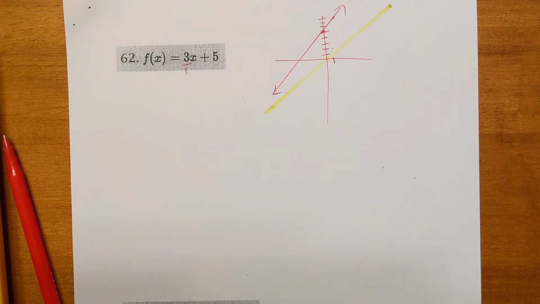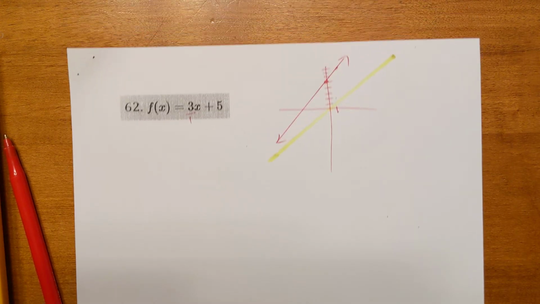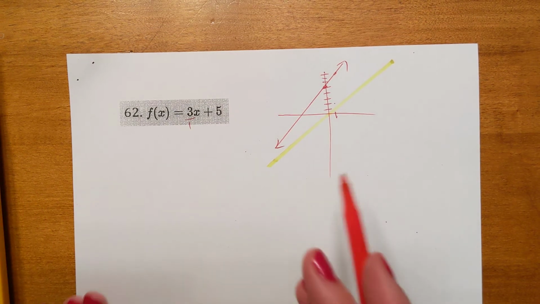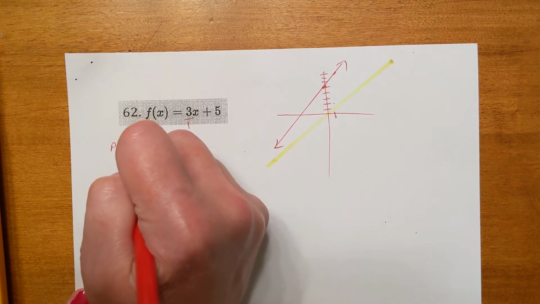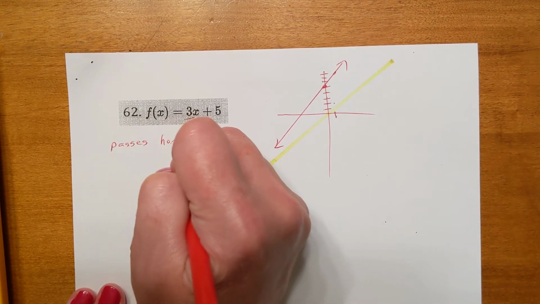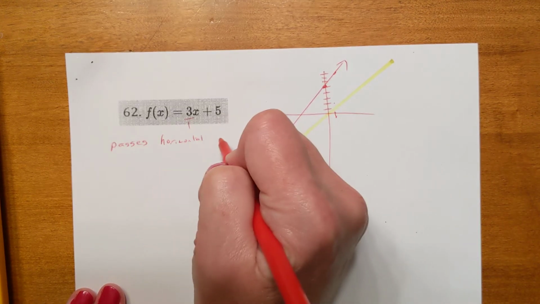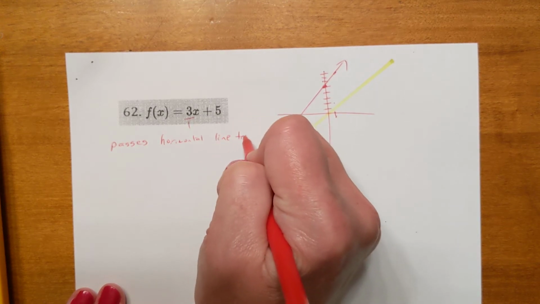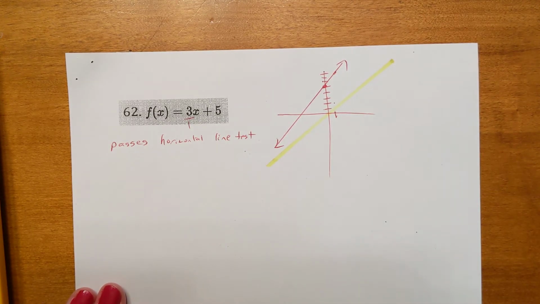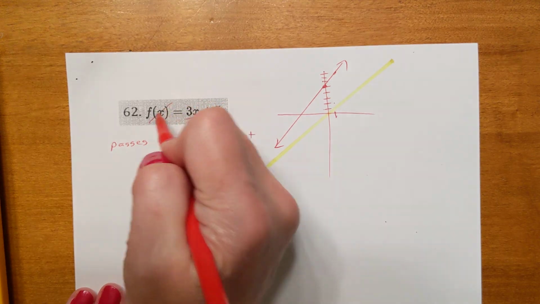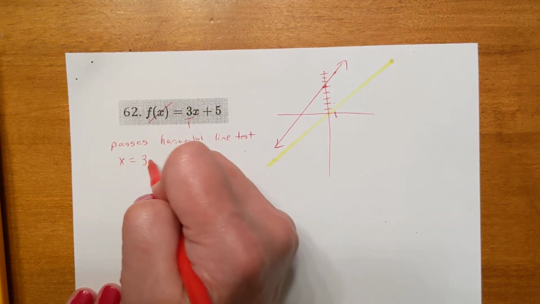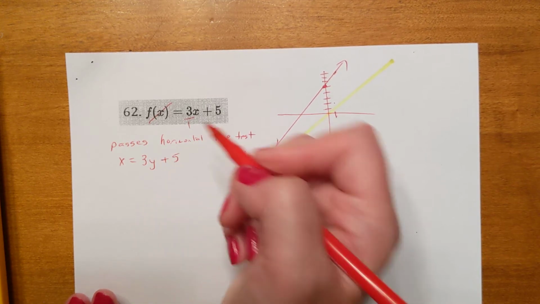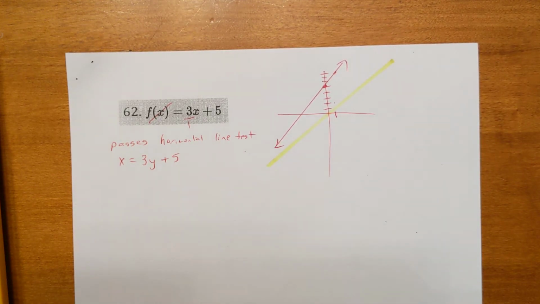Since it passes the horizontal line test, because wherever you draw a horizontal line it just intersects it once, we can continue on. We have to switch the x and the y now. So this y becomes x, and this x becomes y. Then we're supposed to solve it for y.